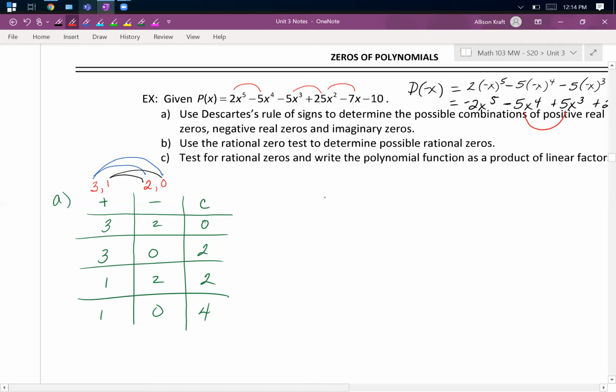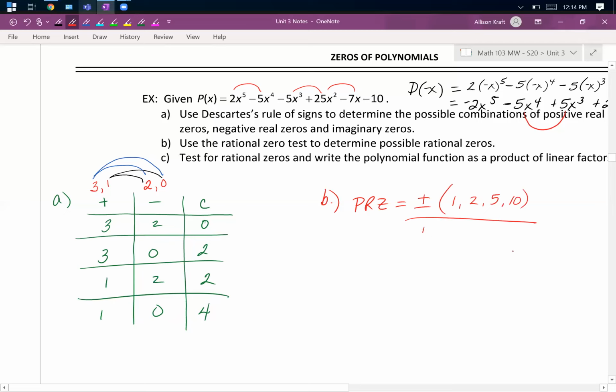In part B, we want to list out all of our possible rational zeros. We take the factors of our constant and divide it by the factors of our leading coefficient. So first we start with the factors of 10: 1, 2, 5, and 10.